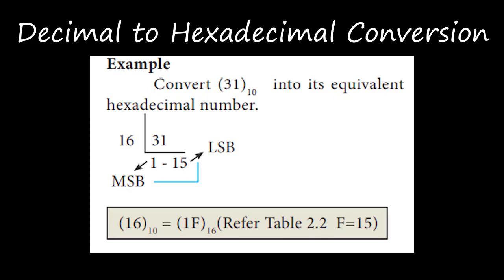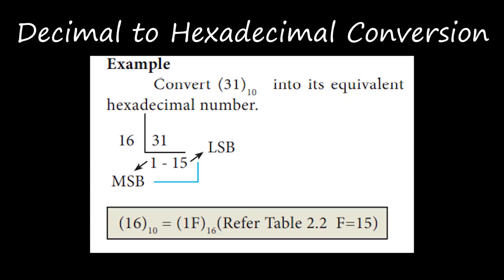Here we have given one example, 31. When you divide 31 by 16, the quotient is 1 and the remainder is 15. So you put 1 hyphen 15. 15 is the LSB, least significant bit, and 1 is the most significant bit.